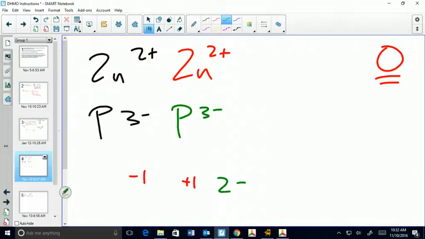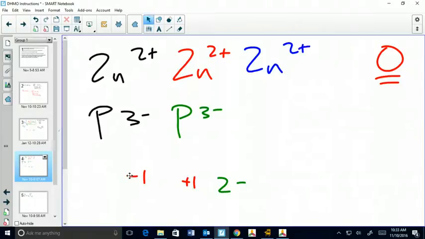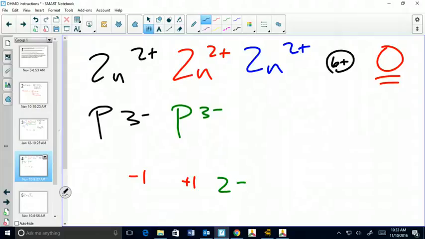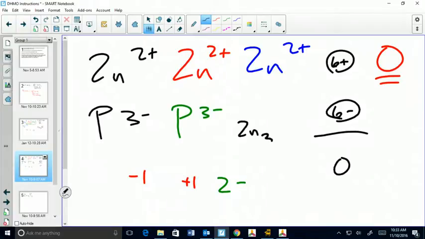So that didn't help. I need to add a third zinc so that all of these together give me 6+, and all of these together give me 6-, which gives my total to be 0. So therefore, my formula for this is Zn3P2. And these bottom numbers are telling me the number of atoms of each of those elements.